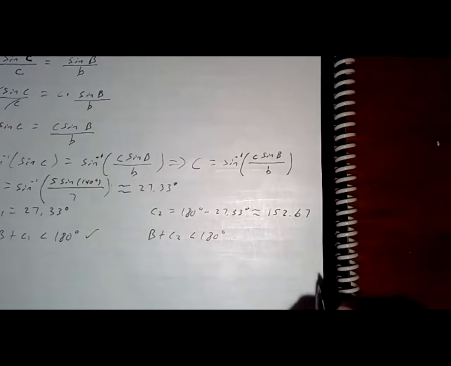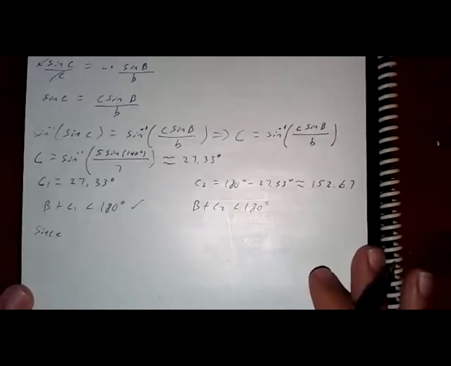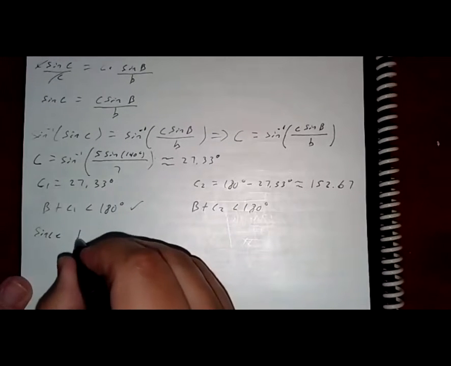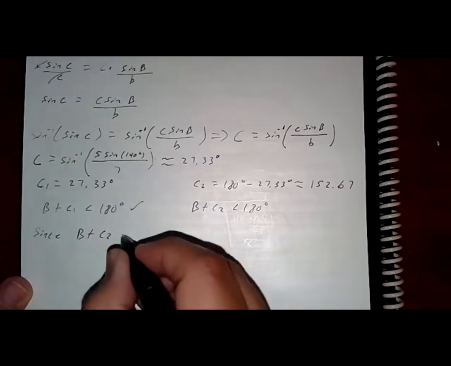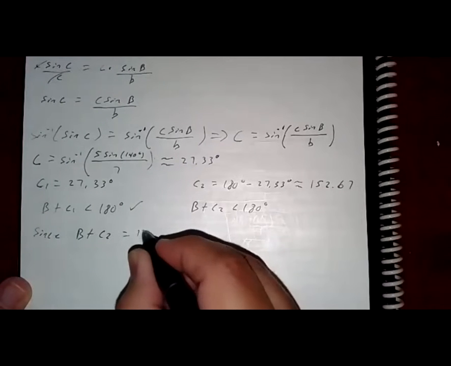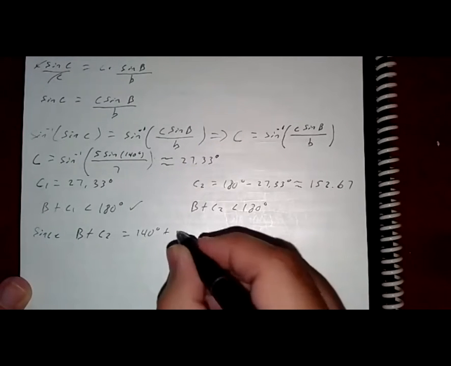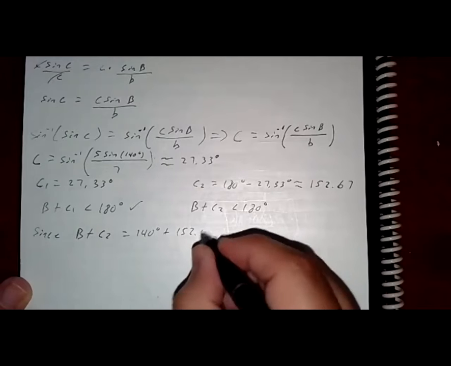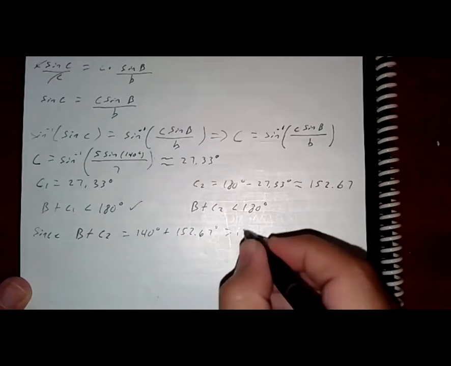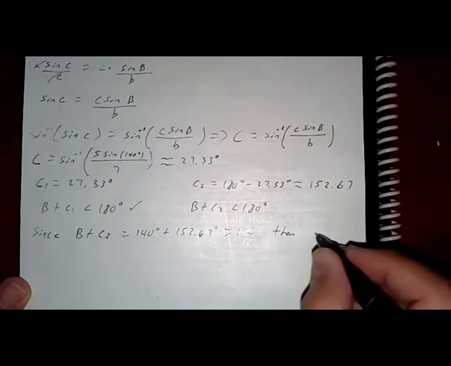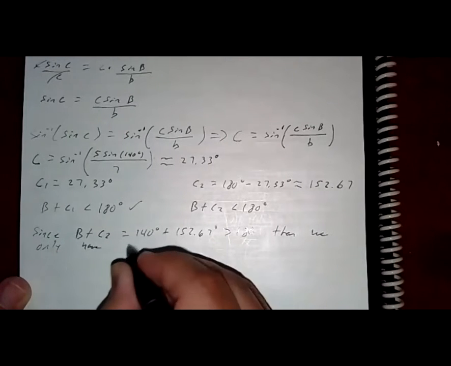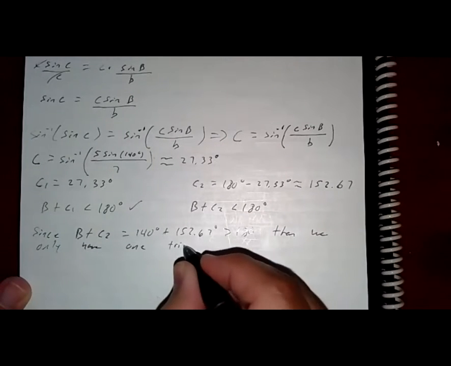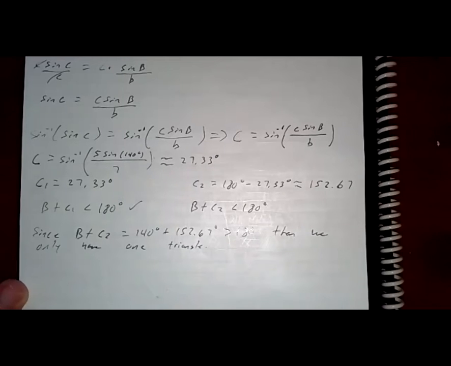Put this in English: since B plus C2, which is 140 plus 152.67, is greater than 180, then we only have one triangle. That's how you check. So we don't have to worry about two.